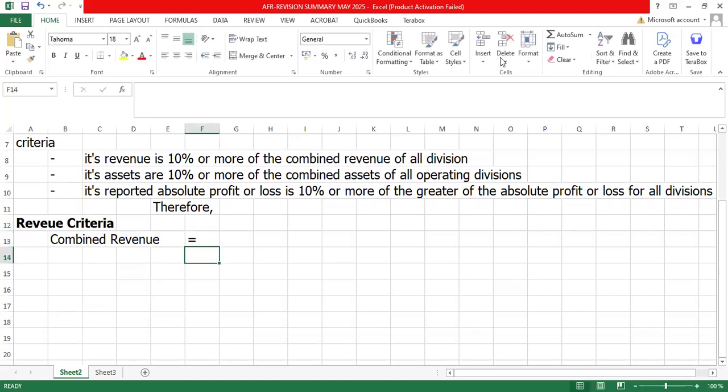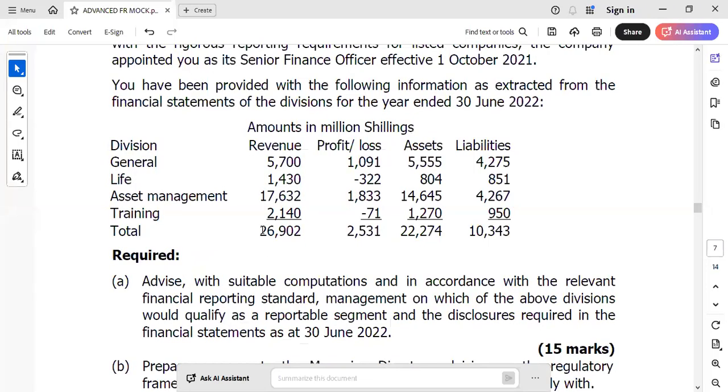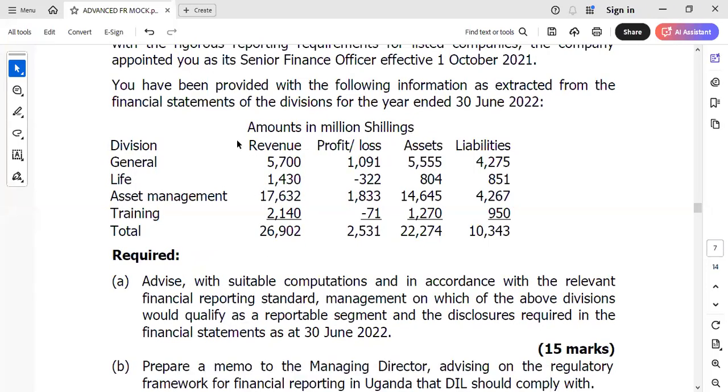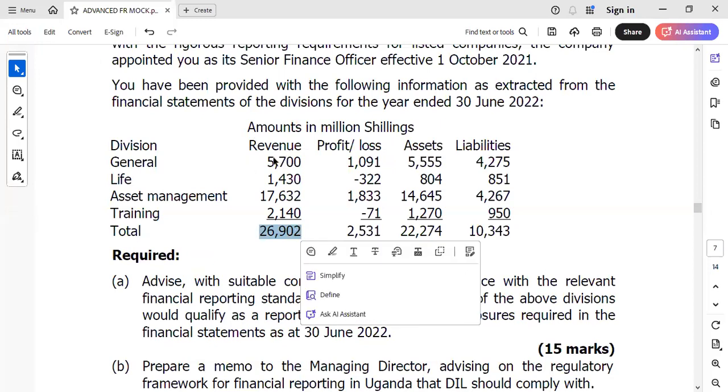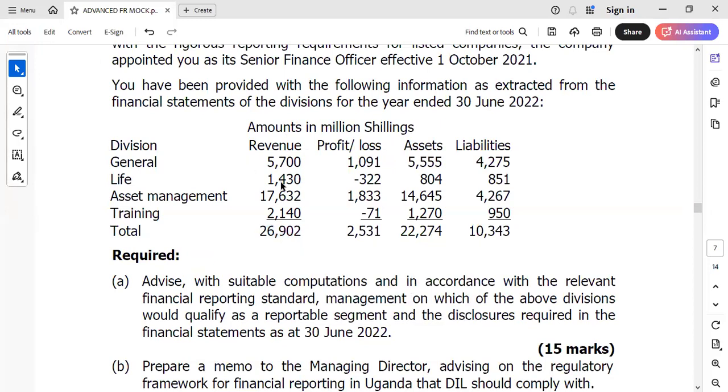You're going to sum up. From your question, do you have total revenue? Good thing here, colleagues, you see that here we are given total revenue directly. Sometimes you'll find that total revenue is not given, so you have to add this plus this plus this plus this to get total revenue.